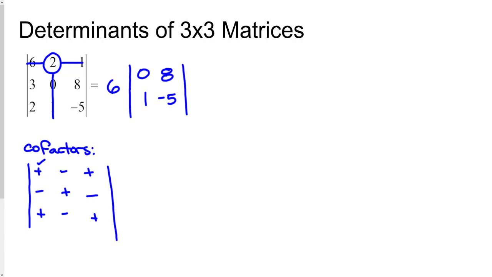All right, but the 2 is my pivot. And if you'll notice, in the position where the 2 is in my cofactors is a minus. So that means I'm going to do a -2, because it's positive up here, so I make it negative, times the determinant of the matrix 3, 8, to -5. Okay.